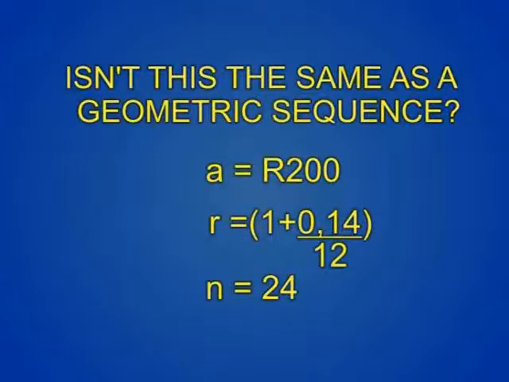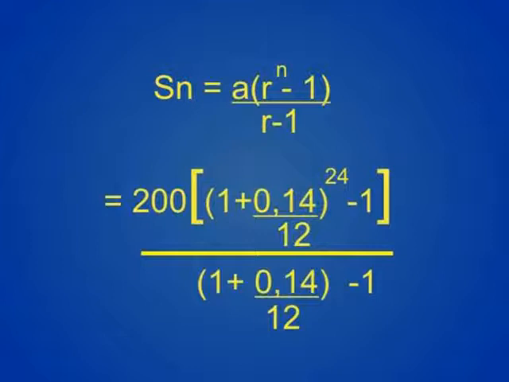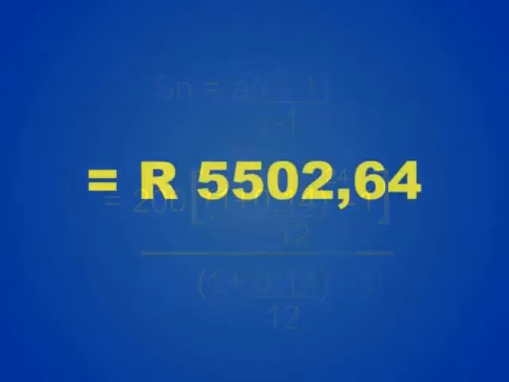The standard formula for the sum of a geometric series is Sn equals A, open bracket, r to the power n minus 1, close bracket, all of that divided by r minus 1, which in this case would be 200 times 1 plus 0.14 over 12 to the power 24 minus 1, over 1 plus 0.14 over 12 minus 1, which will give us an answer of 5,502 Rand and 64 cents.